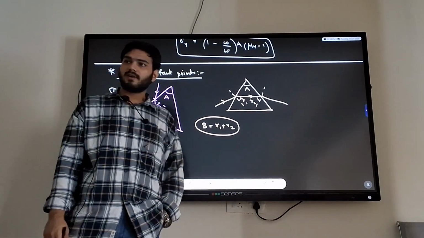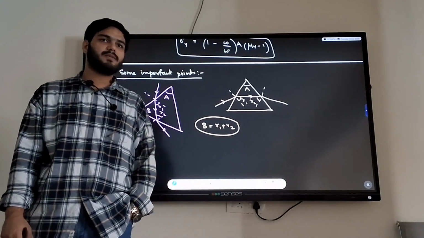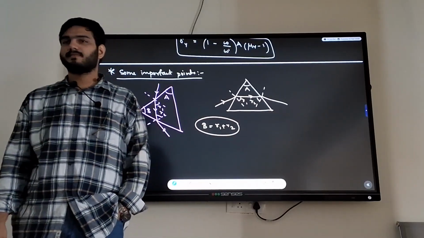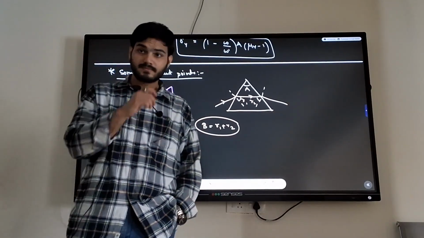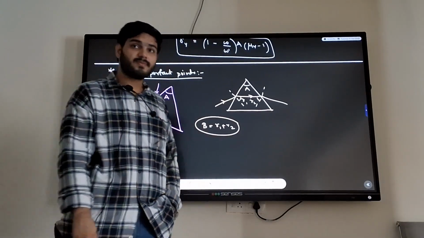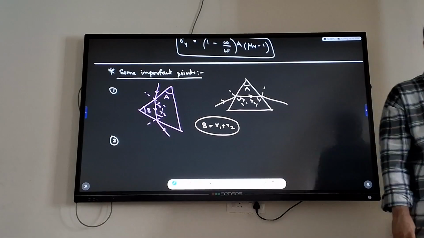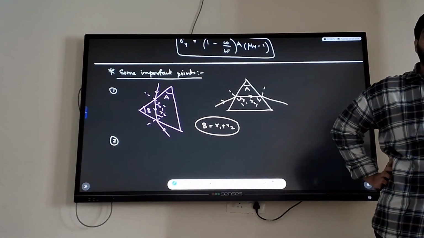What if your R1 and R2 are equal? Achha, in what condition will R1 and R2 be equal? In what condition? I is equal to E. Again. In what condition will R1 and R2 be equal? Come on, we talked about it yesterday.